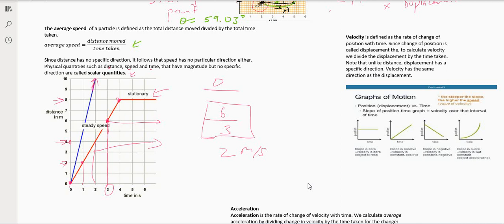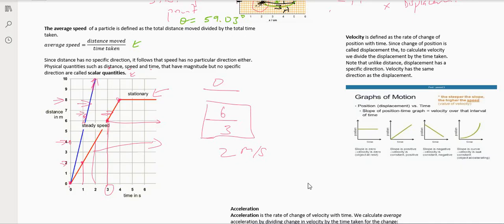Now we can look at this to say that this speed in blue is more rapid than the speed in red, because of how steep this line is at the blue section.